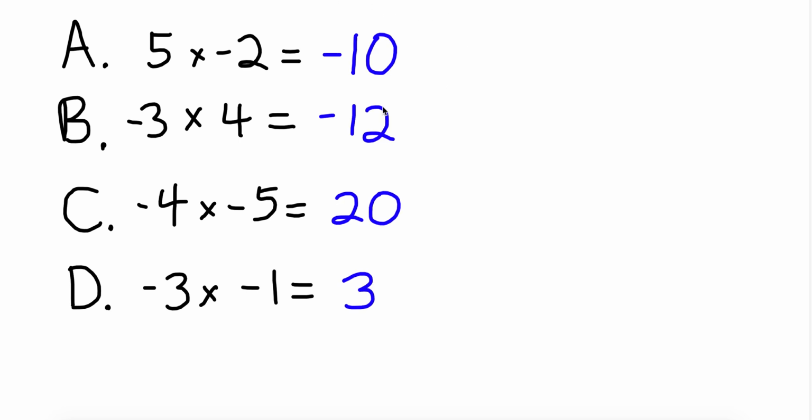Okay, here are the answers. So positive 5 times negative 2. If you had the quadrant, with positive and positive and negative, so if we have a positive 5 and a negative 2, our answer will be over here in a negative quadrant, giving us negative 10.